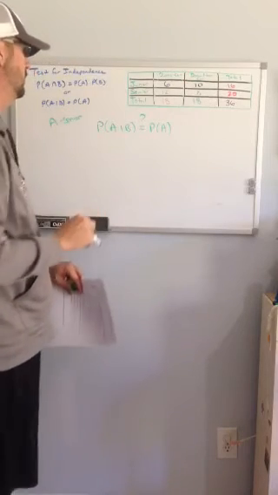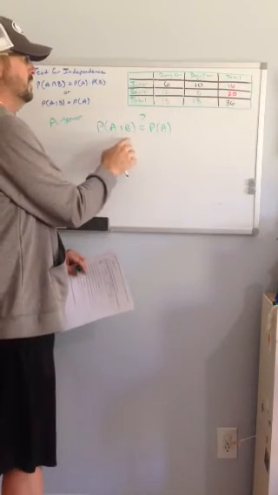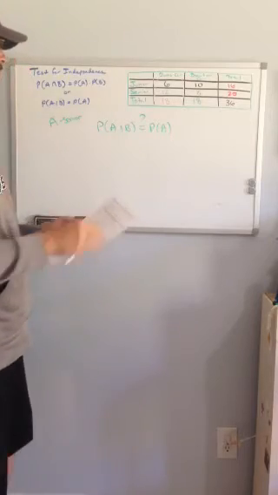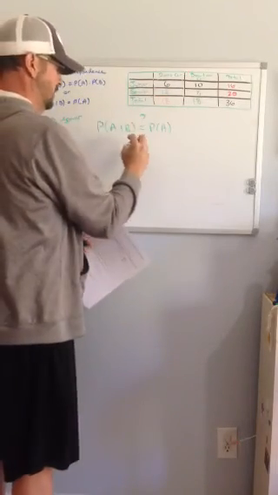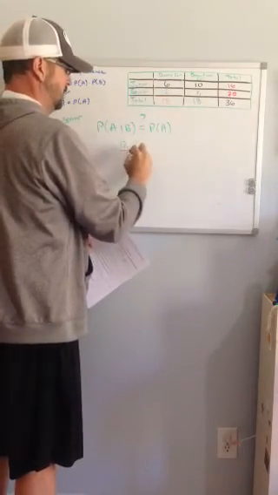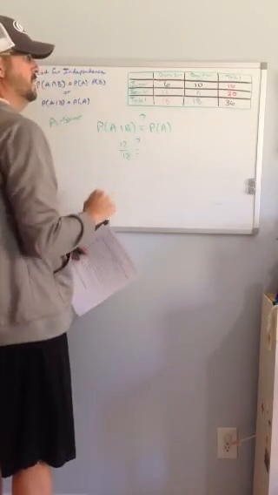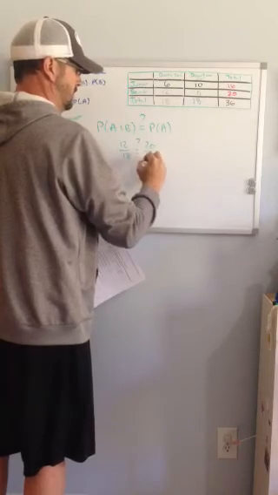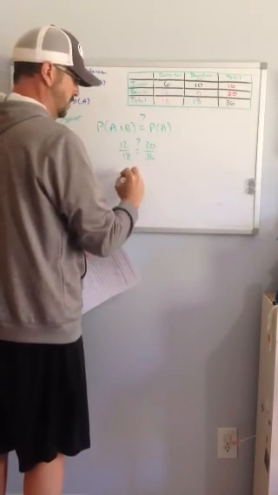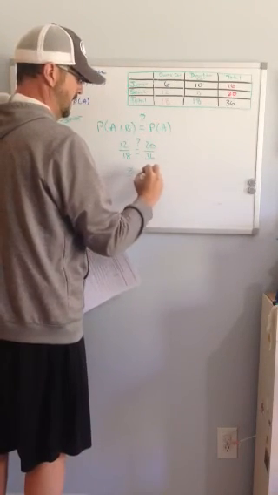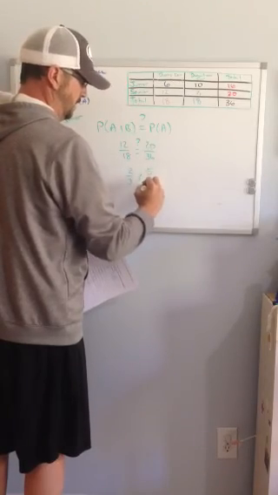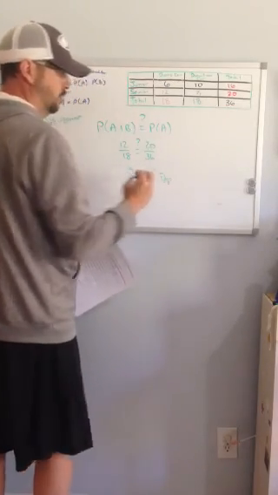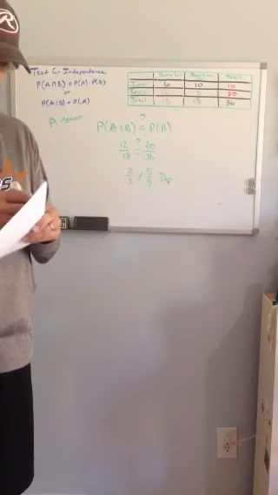So probability of them being a senior given that they own a car, that is our 12 out of 18. Is that the same as the probability of them being a senior? Well, we have 20 seniors out of 36. If I simplify this, 2 out of 3 does not equal 5 out of 9. So either way we do this, it shows that they are dependent.